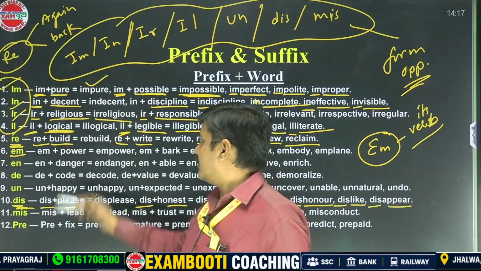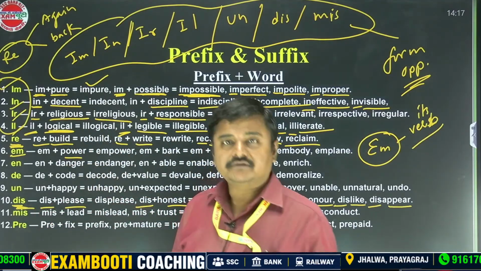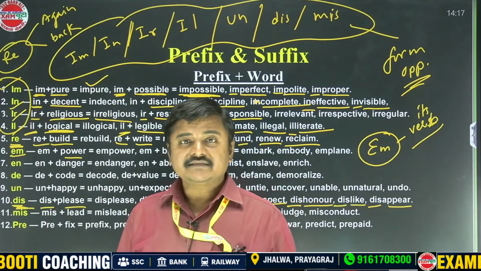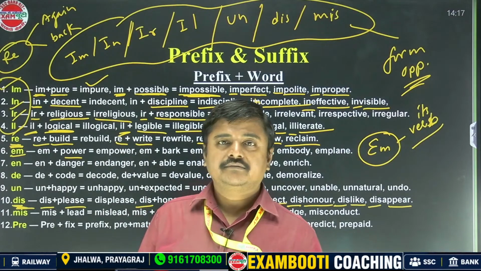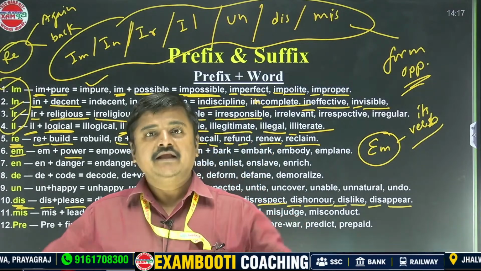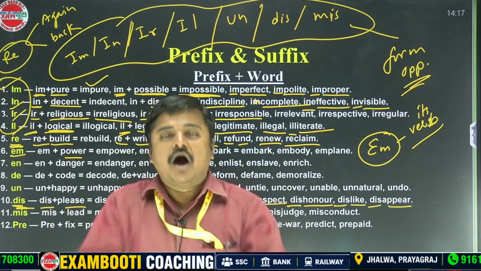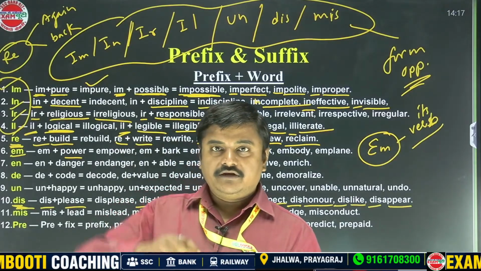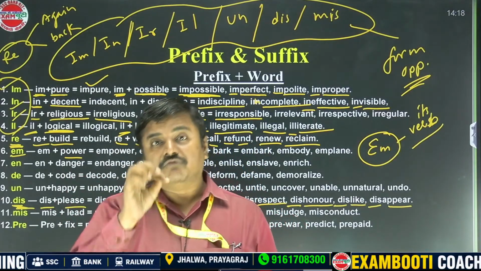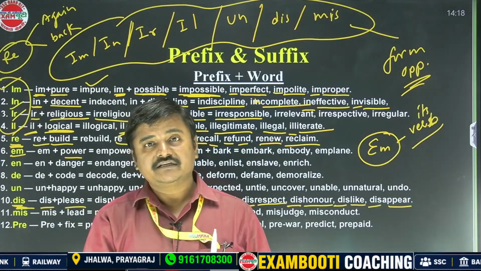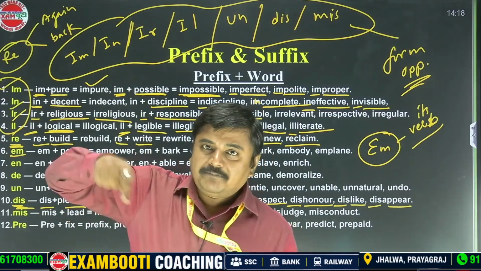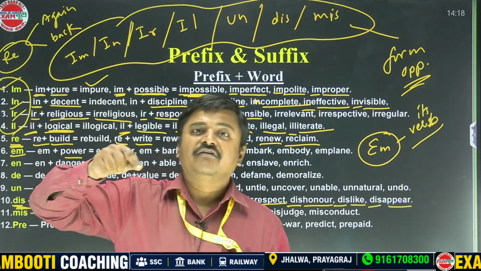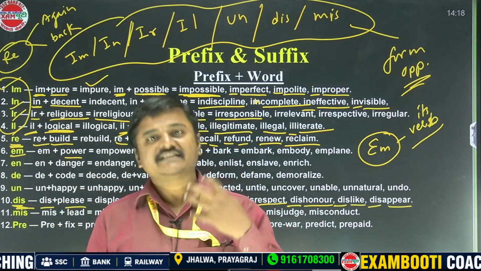Like power, empower. It means like empowering women, making the women strong and powerful. Power is a noun, and if you add EM to that power, it becomes a verb. Empower is a verb.